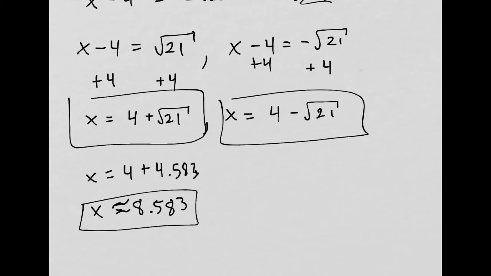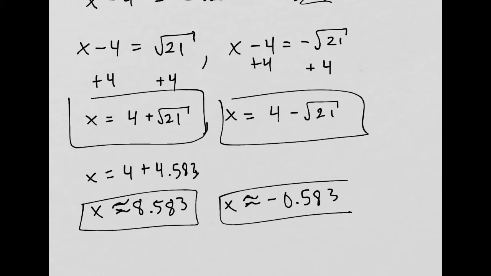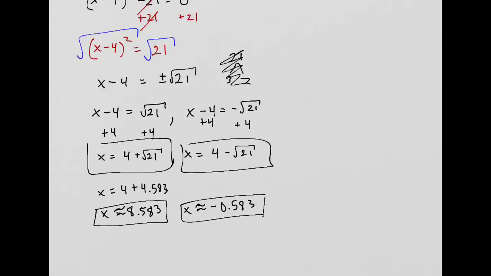And then if we do the other one, we make the square root of 21 negative in the calculator and then add 4. And that would be x approximately equals negative 0.583. So, approximately. You can get them as a decimal if you want to.